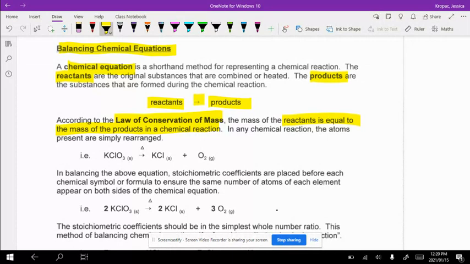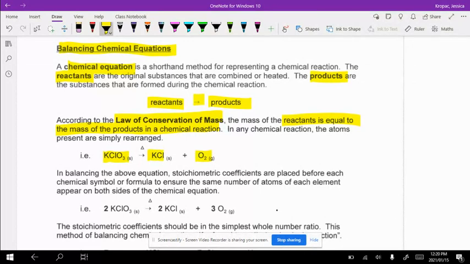In any chemical reaction, the atoms are simply rearranged. We're not changing the number of atoms, we're just changing what they're bonded to. For example, in this case, our reactants have potassium, chlorine, and oxygen, and our products have potassium, chlorine, and oxygen.